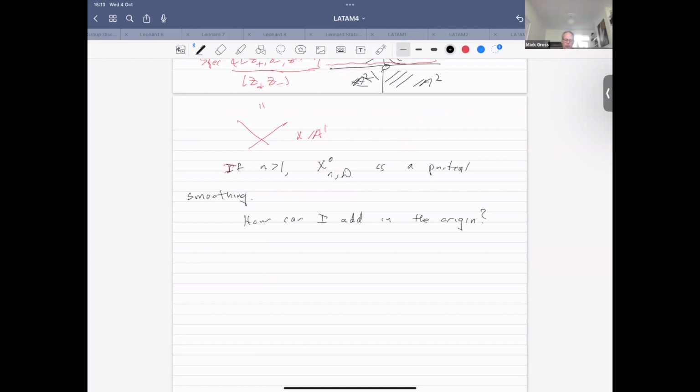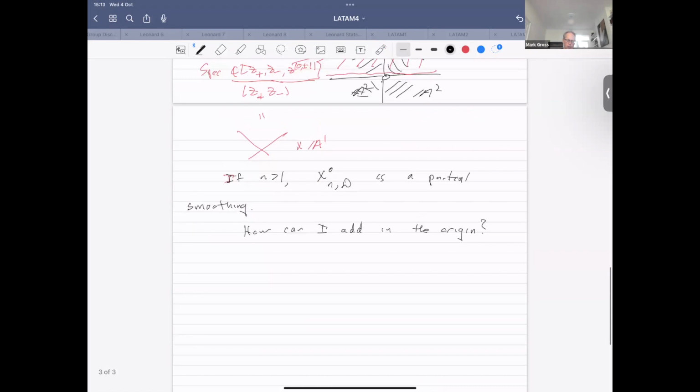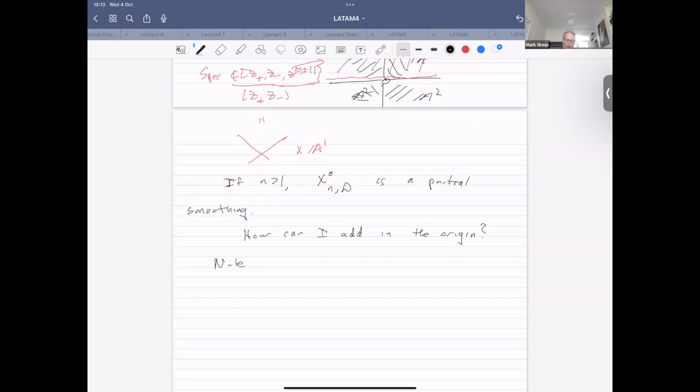So here's a basic idea. Note that the ring of regular functions on A2 minus the origin is the ring of polynomial functions on A2.